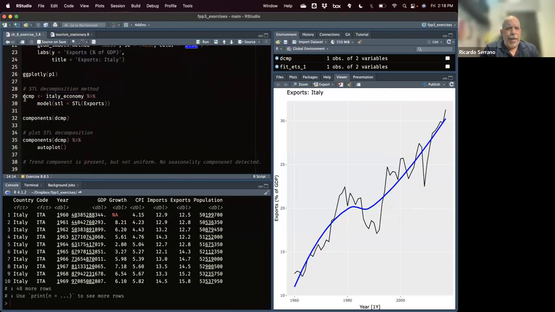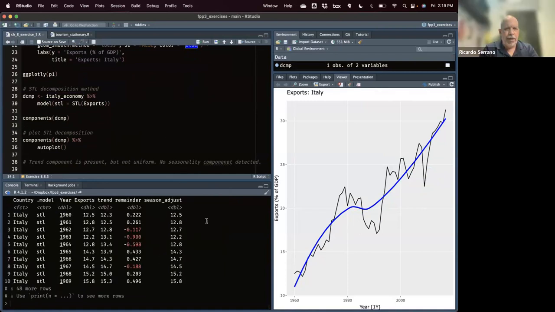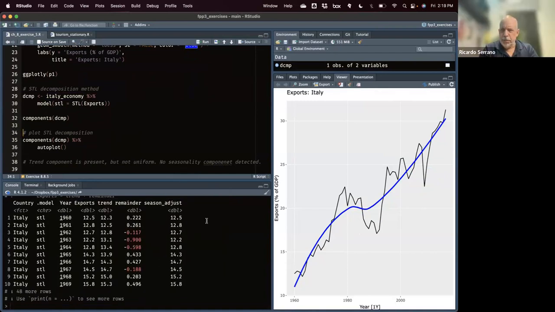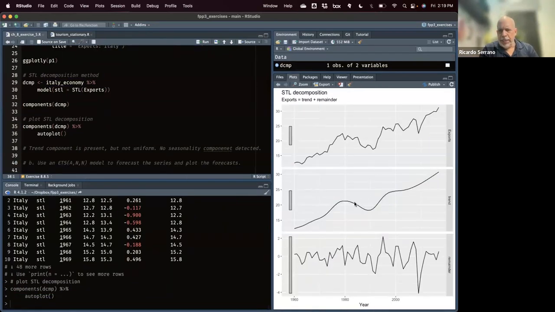Then another thing that I added to the exercise, which I've also seen as a best practice, is to do the STL, the season, trend, and level decomposition. So when we do that, we write out the table and the autoplot, and we can see that clearly there's a trend. This is precisely the lowess smoother that is giving us the trend in the decomposition.